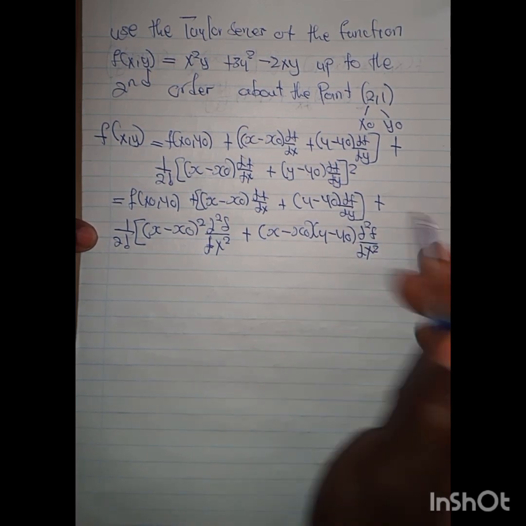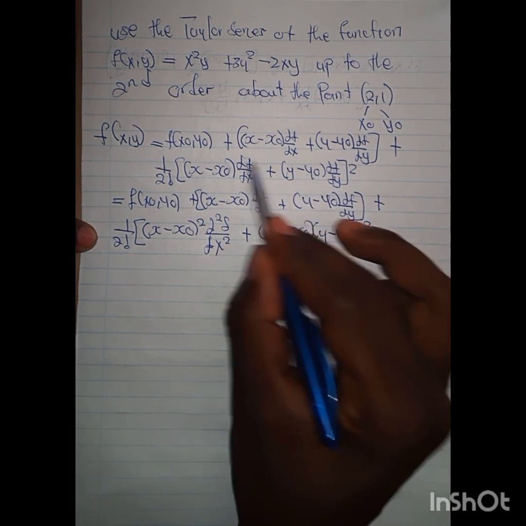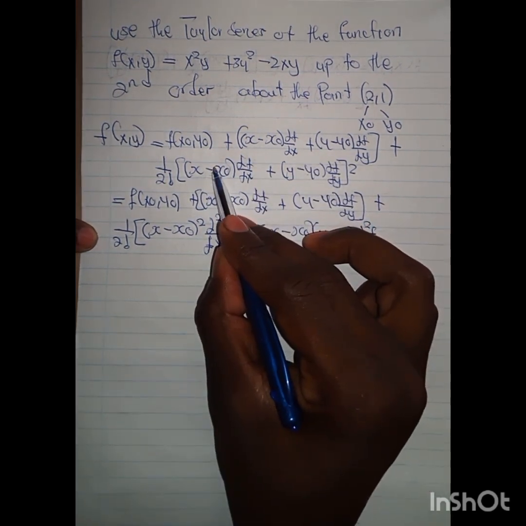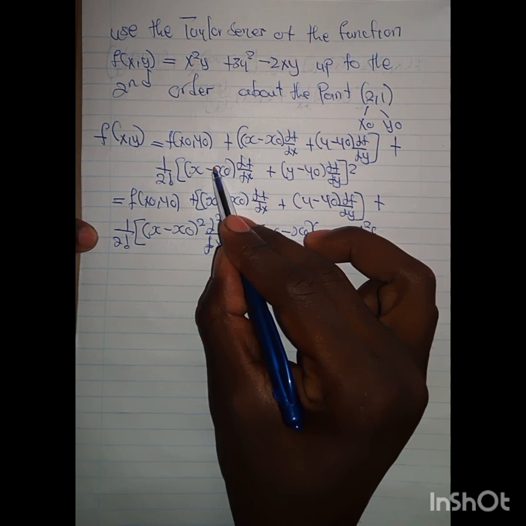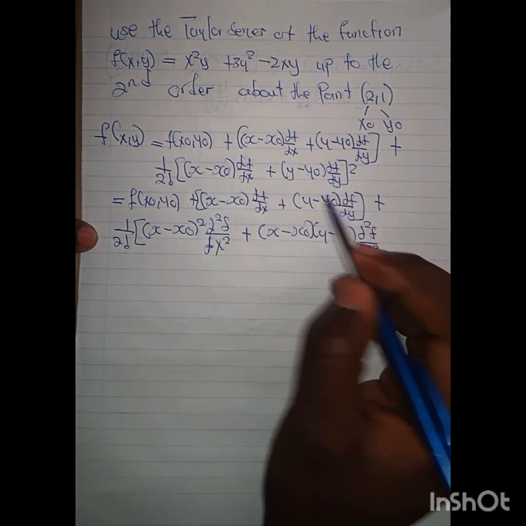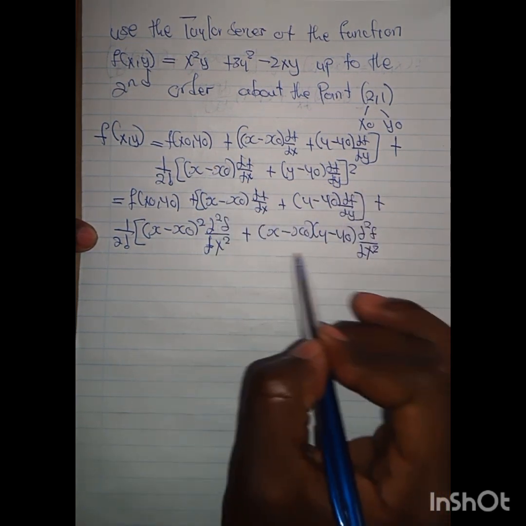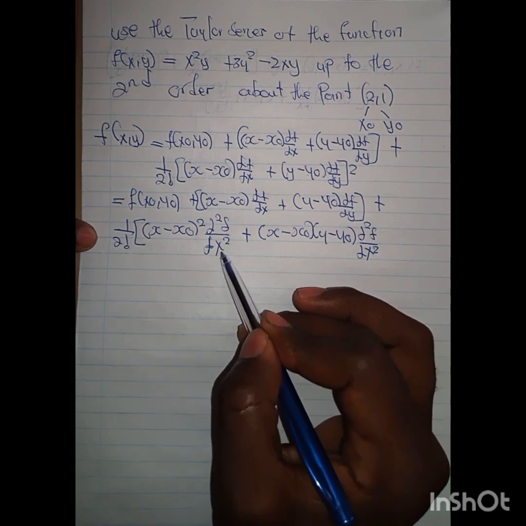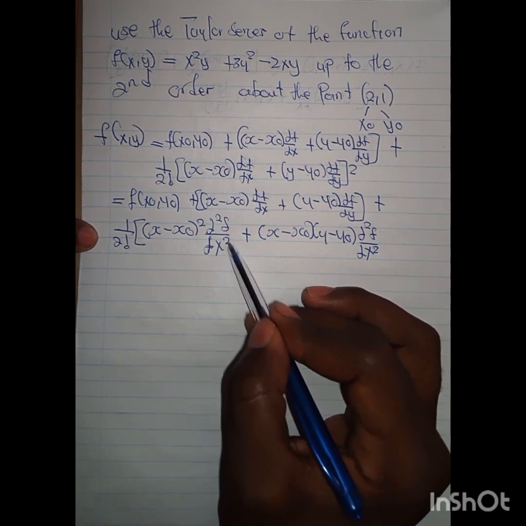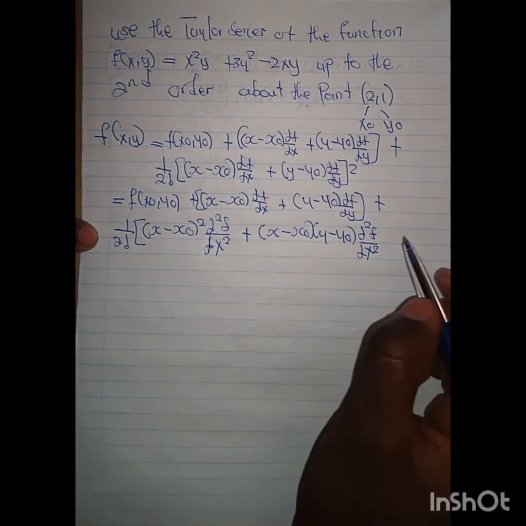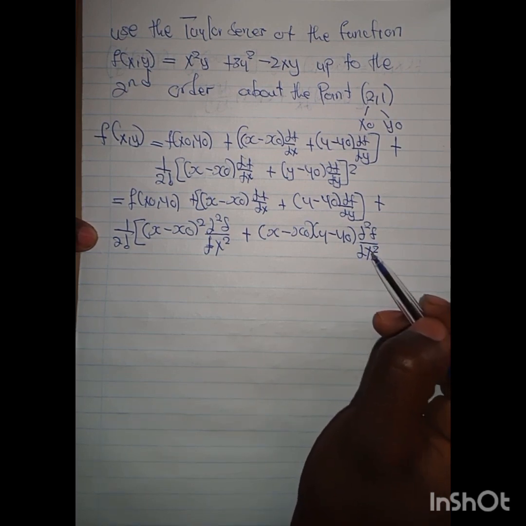What we will get is d squared f over dx dy. We are also going to multiply this side again back to this side, and according to the equality of mixed partial derivatives, when we differentiate f with respect to x and again differentiate with respect to y, it is the same as when we differentiate with respect to y and then with respect to x.